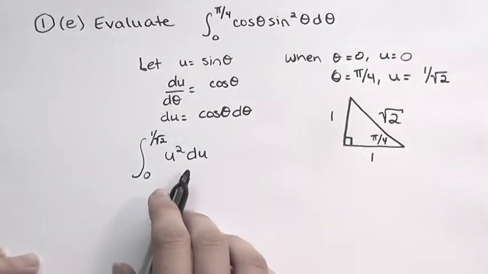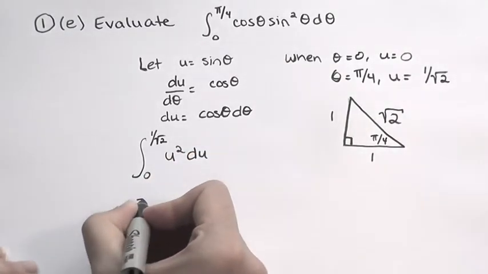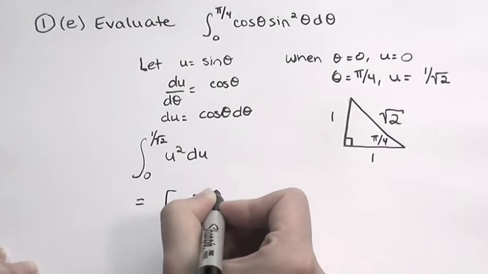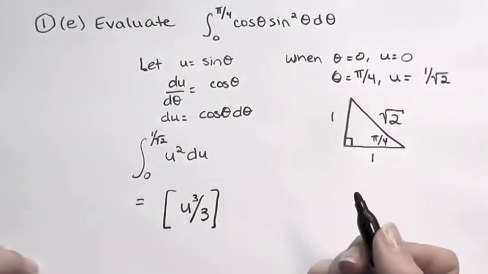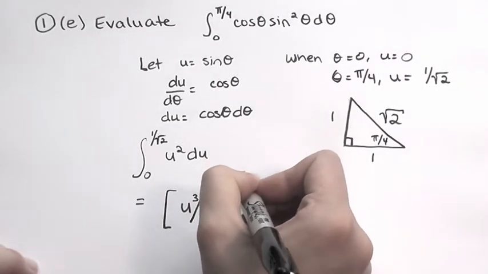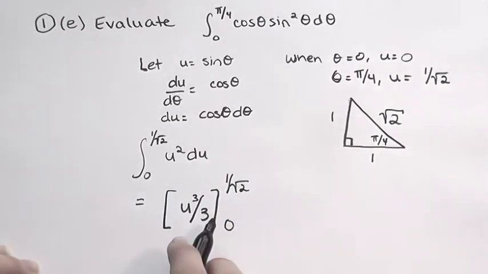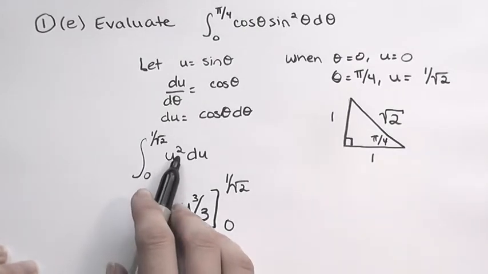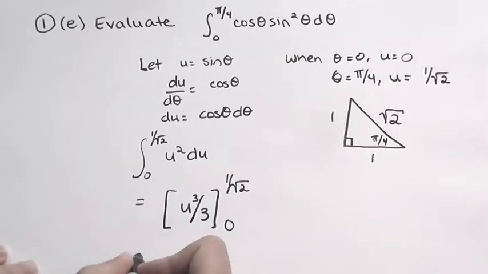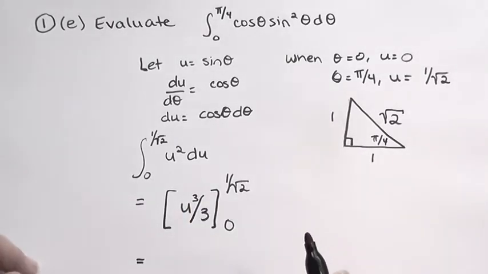So now we just integrate this one, which is much easier to do because it's simply u cubed over 3 from 0 to 1 on root 2. And the u cubed on 3 came from adding 1 to the index here and then dividing by that same number, which is how you integrate.